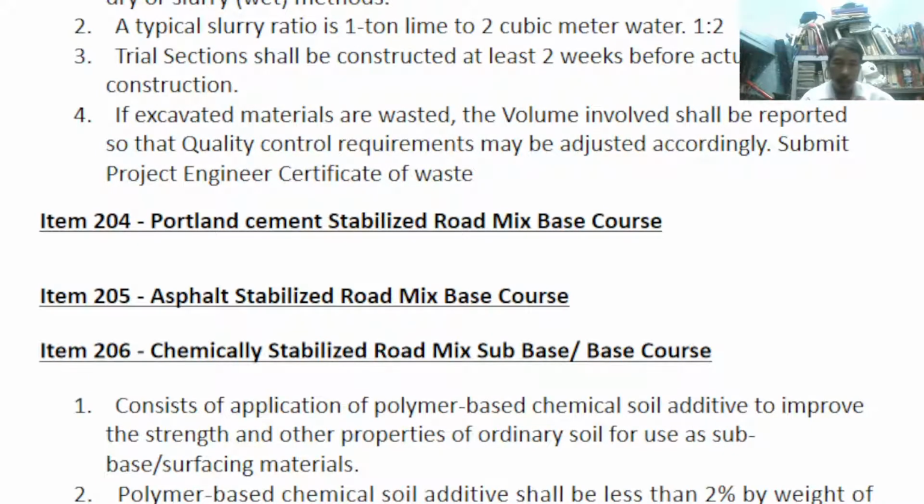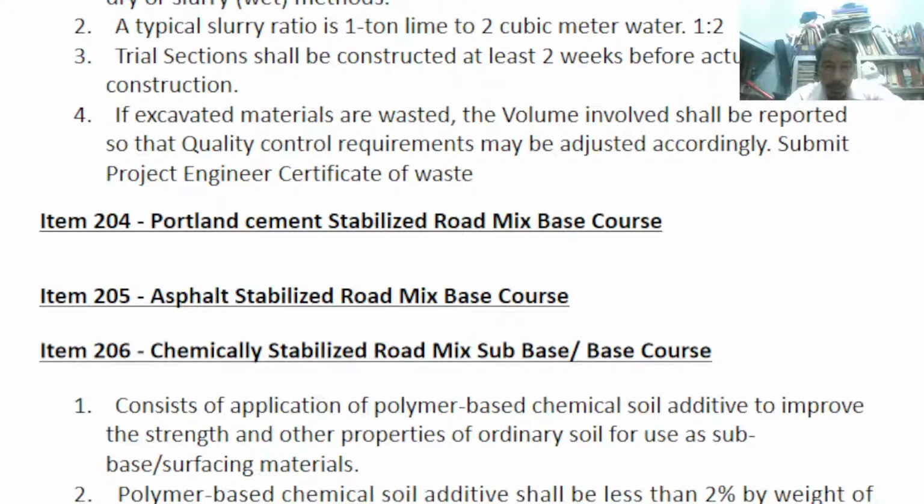And number 2. Polymer-based chemical soil additive shall be less than 2% by weight of soil. If you are using chemical soil additive, 2%.